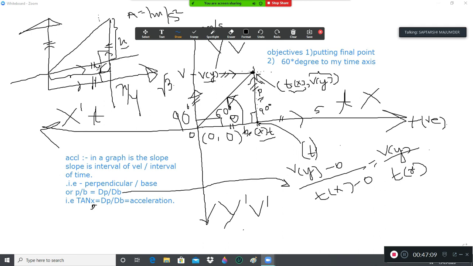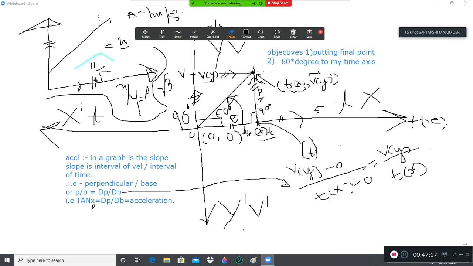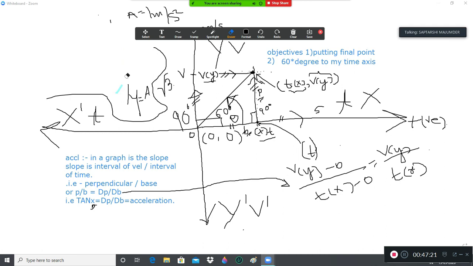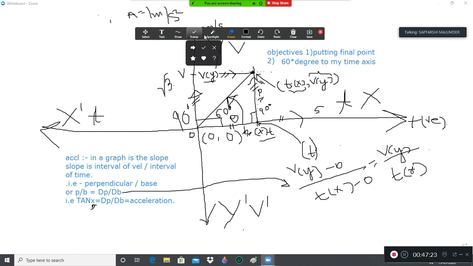This is x, this is y, you divide it, you will get acceleration. So this is nothing but tan theta. But I haven't given you the question. I have told you that nothing is given, just the angle is given. So you can also do the reverse thing, that is tan 60. For such a value, tan 60 is root 3.